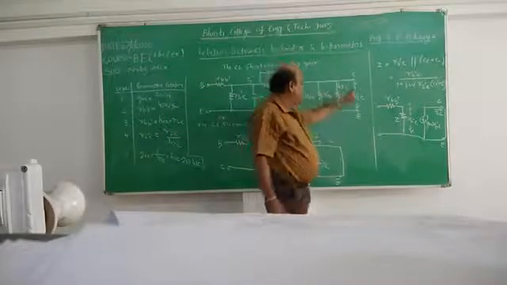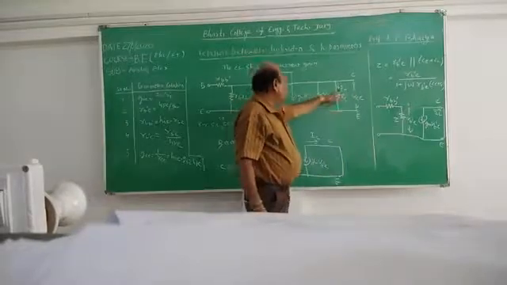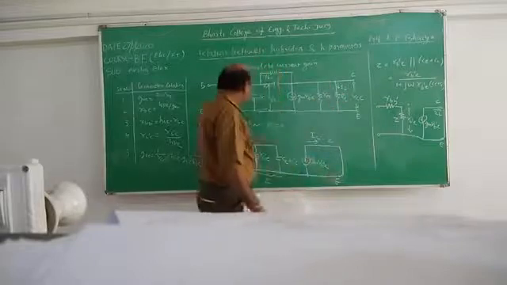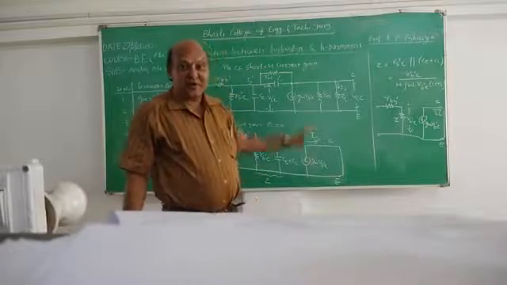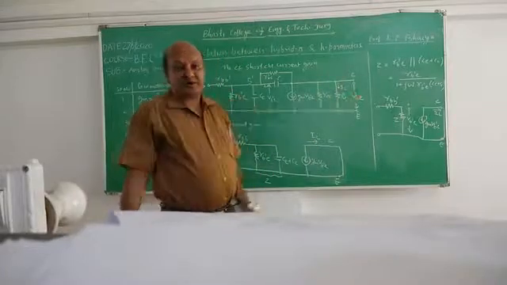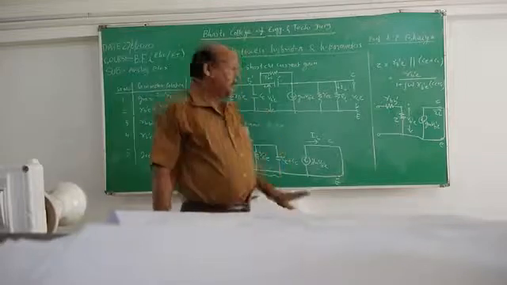The output is the collector to emitter voltage VCE, and the load current IL is shown here. So this is the equivalent diagram of the hybrid pi model, from which we have to derive the short circuit current gain, and f alpha, f beta and ft.